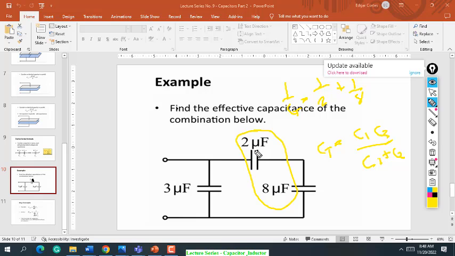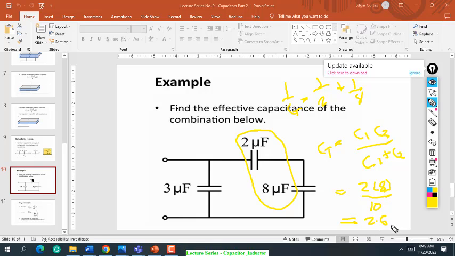Okay, so what do we have here? This is 2 times 8, which is 16, and then over 2 plus 8 is 10. This is equal to 1.6.